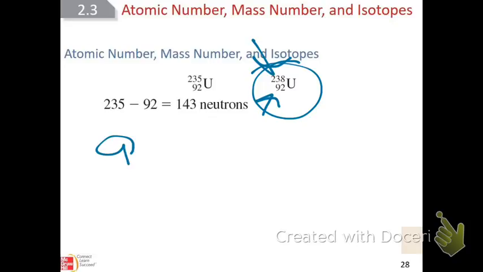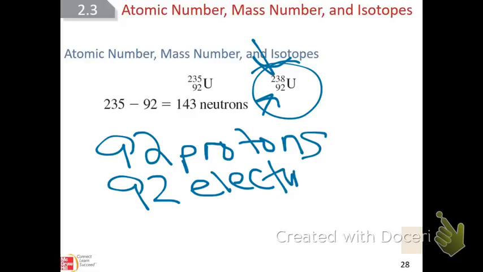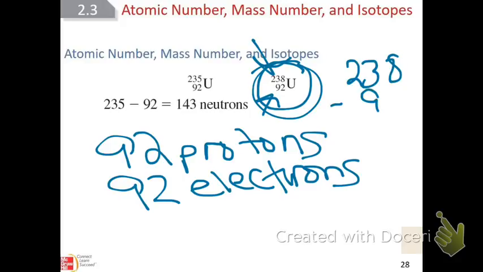This is going to have 92 protons, and by the way, for any neutral atom, the number of protons is also going to be the same as the number of electrons. And then you're going to subtract the mass number up top minus the atomic number, so 238 minus 92 is going to give us our number of neutrons for this isotope of uranium.